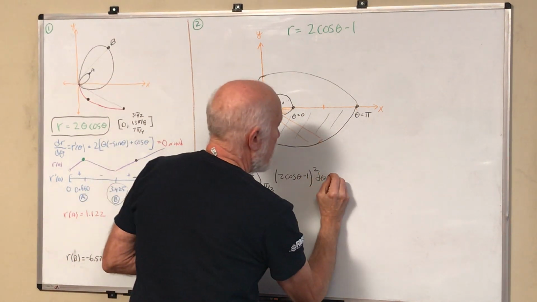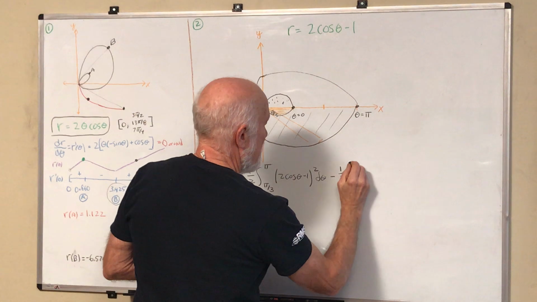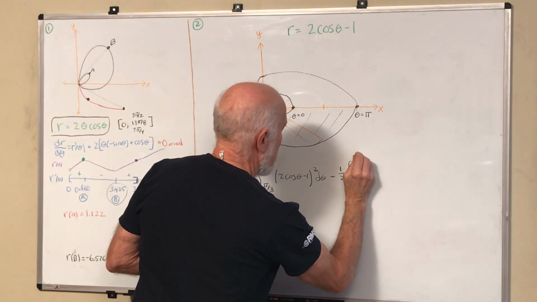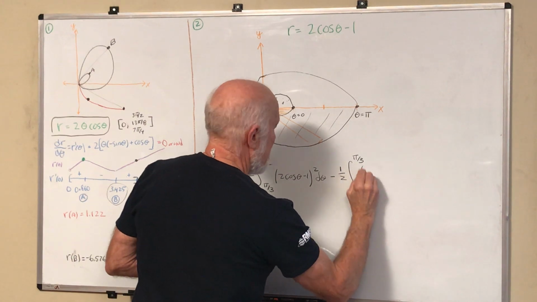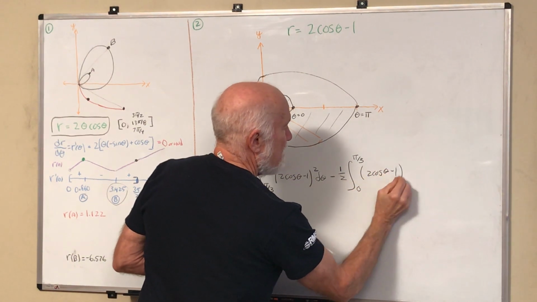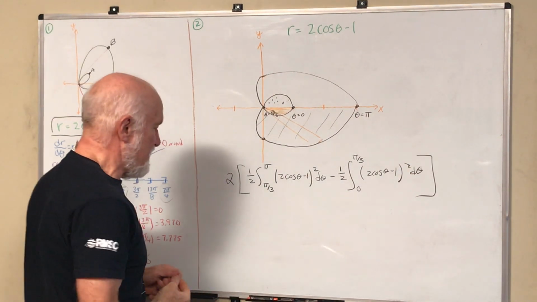So I can just go minus 1/2 the integral of 0 to pi over 3 of the same, and I think that should be the answer.